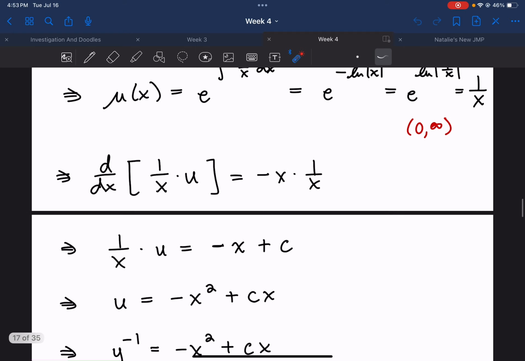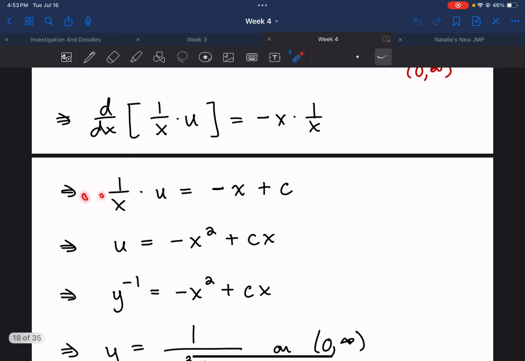Which means integrating both sides gets rid of that. 1 over x times u equals negative x. This becomes negative 1, I should say. Integrating negative 1 is negative x plus c, which means multiplying everywhere by x to cancel this out. u equals negative x squared plus cx.